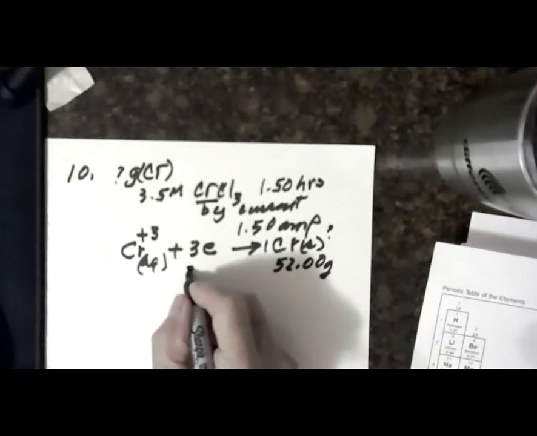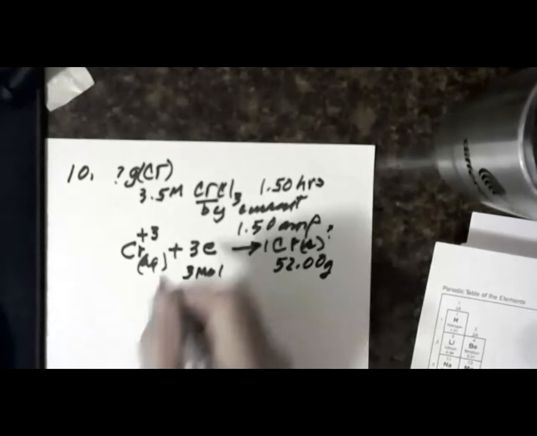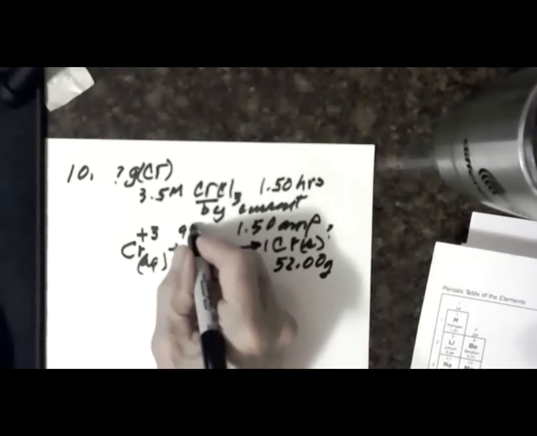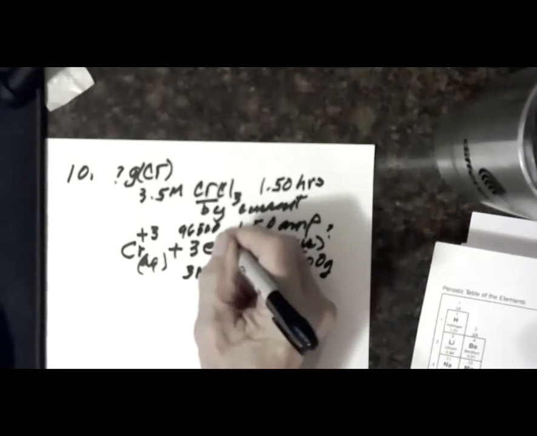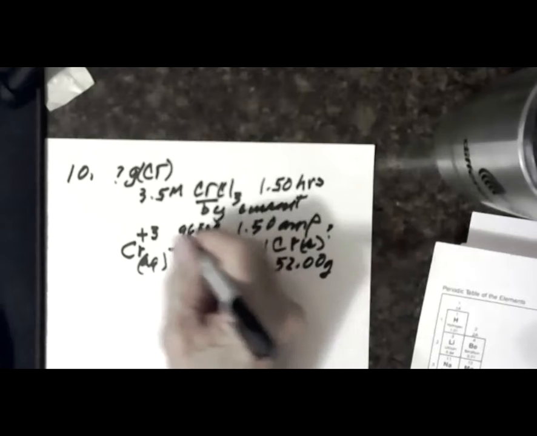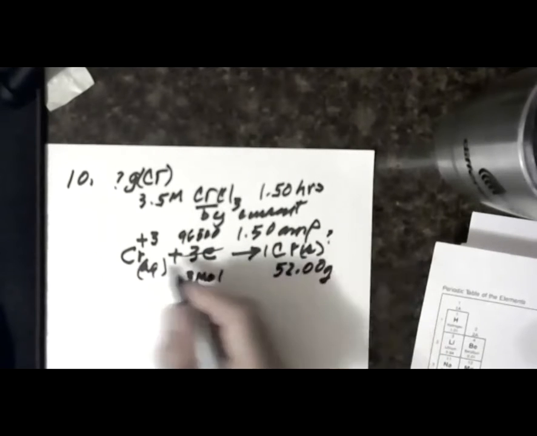The equation is showing 3 moles. Now, there's 96,500 coulombs, amp seconds, in 1 mole. So this becomes our conversion factor. So I want to know how many grams of chromium.